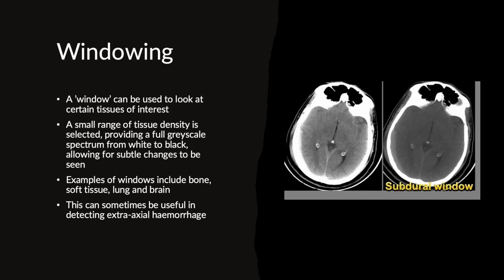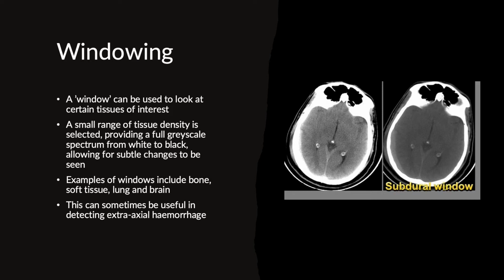For example, a window with a level of 0, but a width of 400 Hounsfield units will have a range of -200 Hounsfield units to +200 Hounsfield units. So any tissue with a density of -200 Hounsfield units, when you've applied the window, will appear like -1000 Hounsfield units on a normal CT, like air.